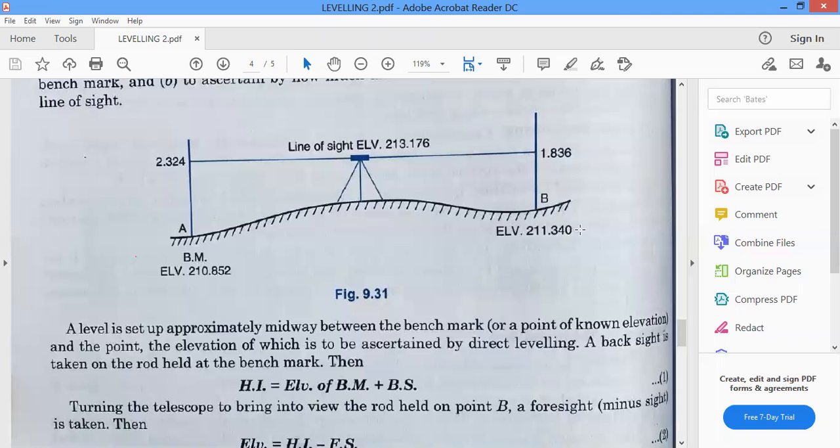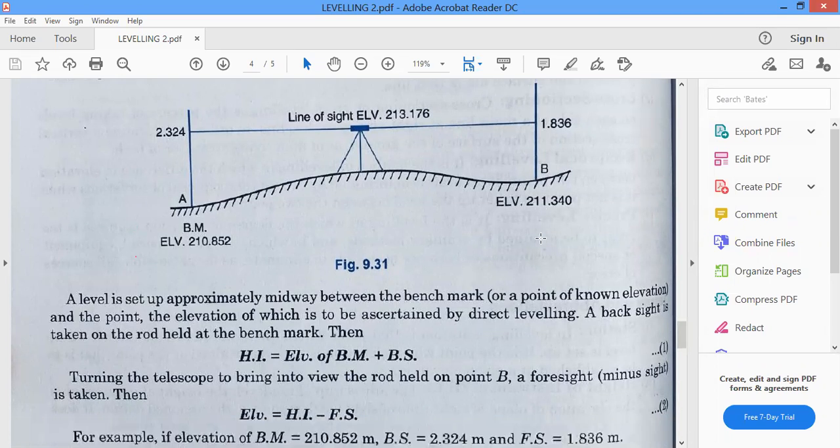Now, the elevation of point B, or reduced level of point B, is height of the instrument, that is 213.176, minus 1.836. What is 1.836 here? It is your foresight reading.